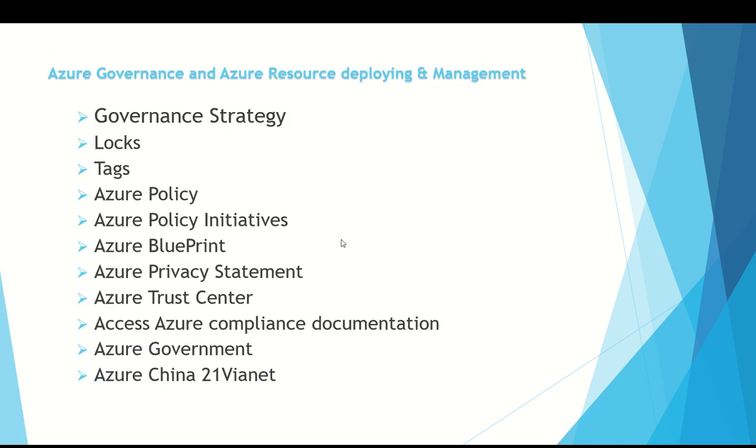So we will be looking at the list of things like governance strategy, locks, tags, Azure Policy initiatives, Azure Blueprints, Azure Privacy Statement, Azure Trust Center, Azure Compliance Documentation, Azure Government, and Azure China 21Vianet. So we'll be discussing all these topics today.